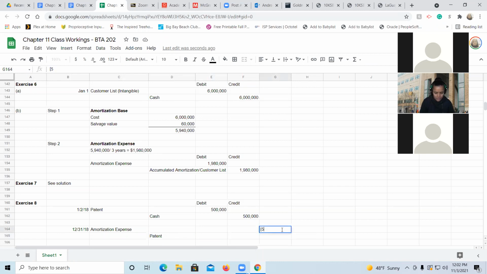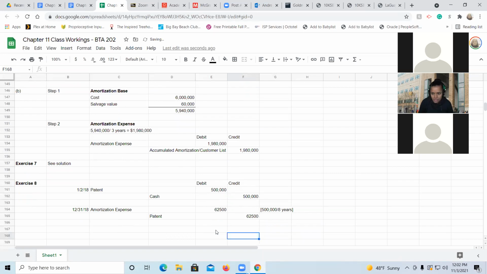It's just going to be the 500,000 divided by the 8 years, right? I'm not even going to do a separate calculation because there isn't even a residual or salvage value. There's really nothing to this calculation. So it's going to be 62,500 for the amortization expense.